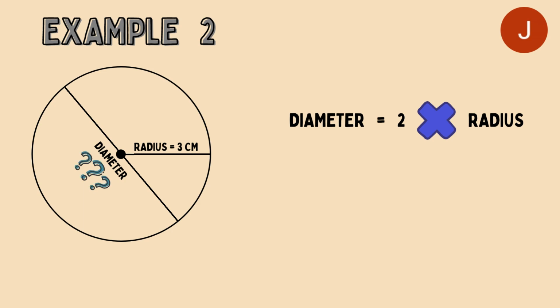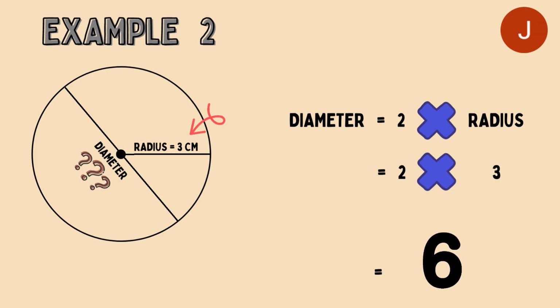Like we did before, first I drop the 2 times, and then I replace the value of the radius with the given one, which in this case is equal to 3. So 2 times 3 is equal to 6. Now, is my answer complete? No, I have to go back and check the unit that's given. The unit that's given here is centimeters. So my answer is going to be the diameter is equal to 6 centimeters.